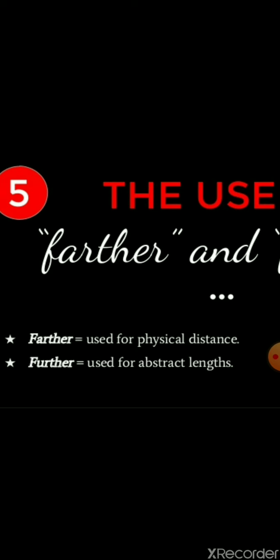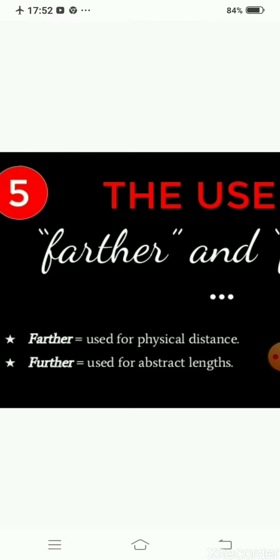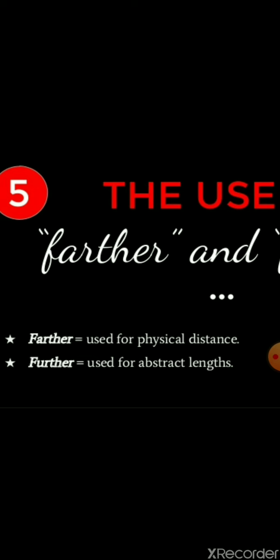For example, if I tell you, "For further proceeding, please inform me the status of your visit so that I can proceed further." In this way further means an abstract length: something I will get from the opposite side, then I will move further. Farther is a physical distance which we can catch.